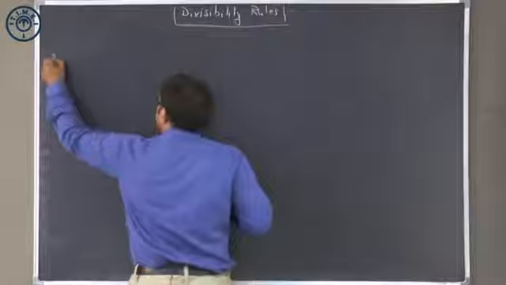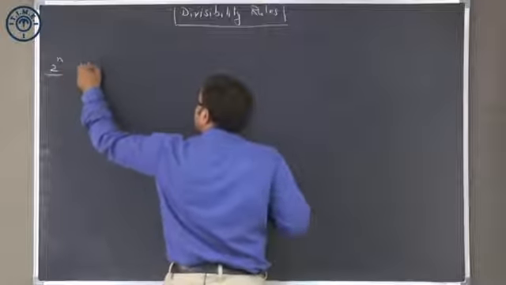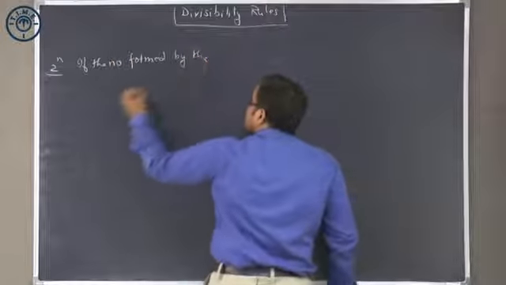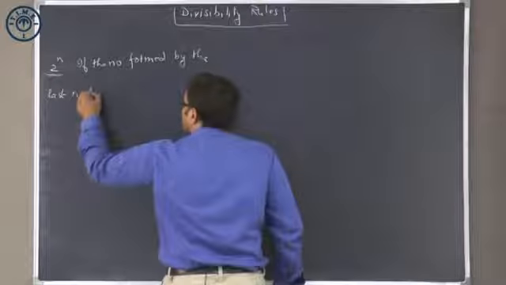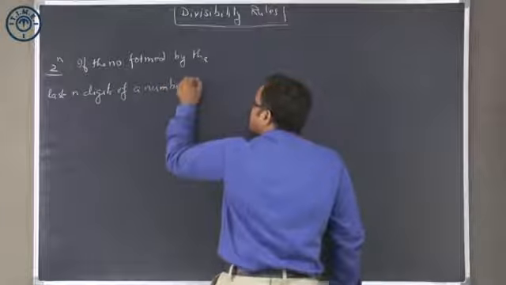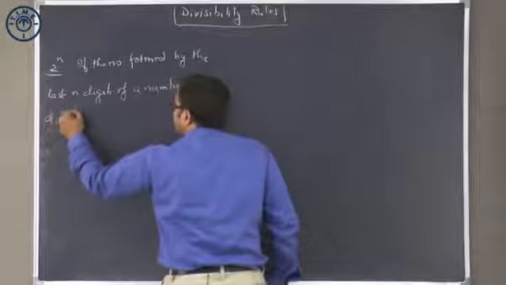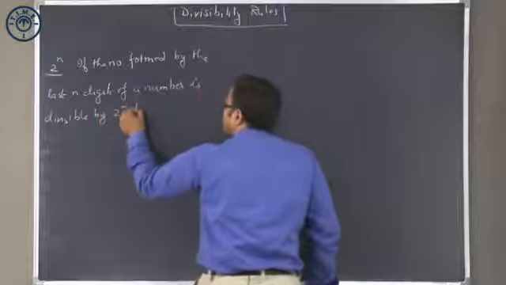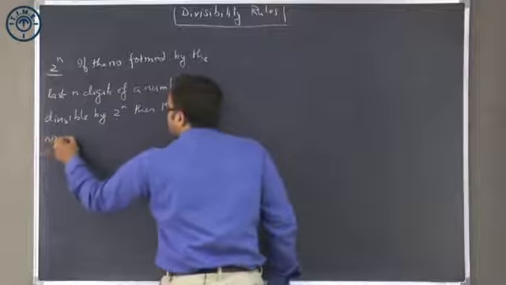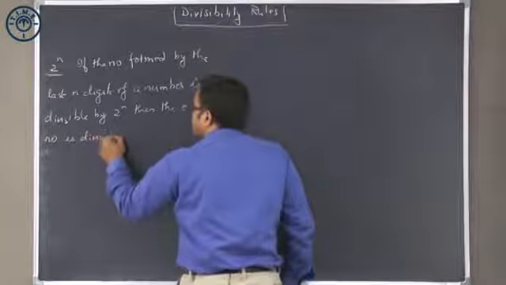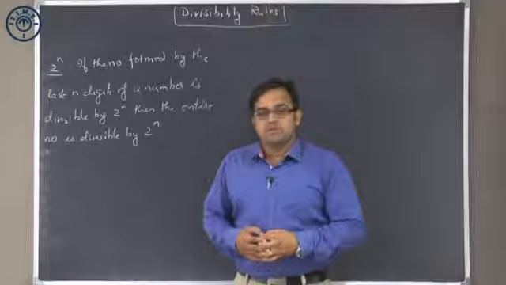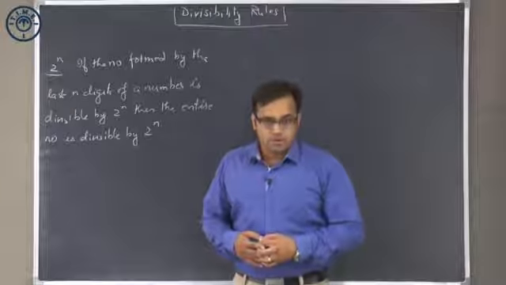So in general, the divisibility rule for 2 to the power n would be: if the number formed by the last n digits of a number is divisible by 2 to the power n, then the entire number is divisible by 2 to the power n.